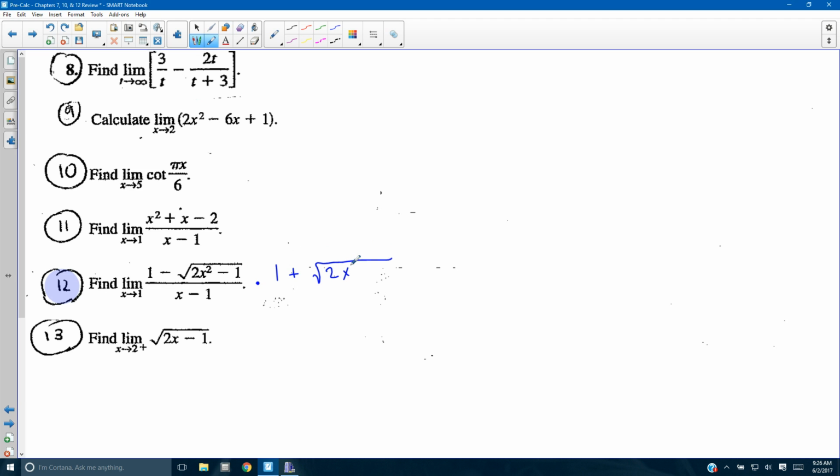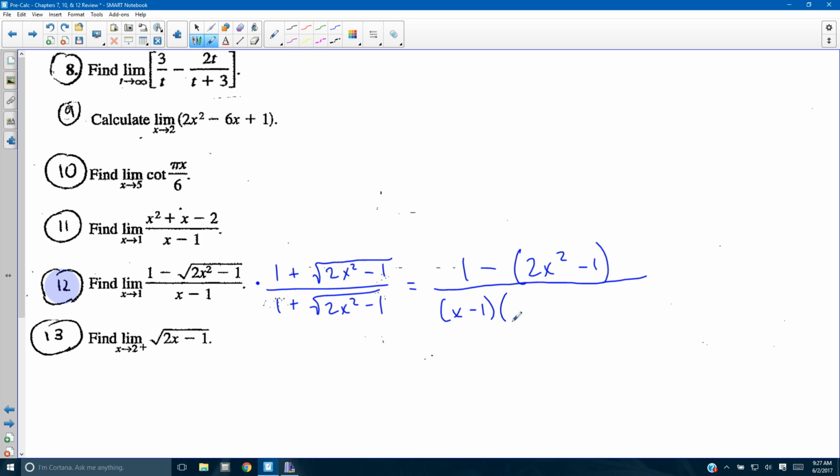So we multiply by the conjugate, 1 plus square root of 2x squared minus 1. On top we'll get that difference of two squares thing going: 1 squared minus this guy squared. The square root of something squared is just that thing, so minus this quantity right there. On bottom, I will leave that untouched. Again, I want to cancel out x minus 1 as soon as humanly possible.